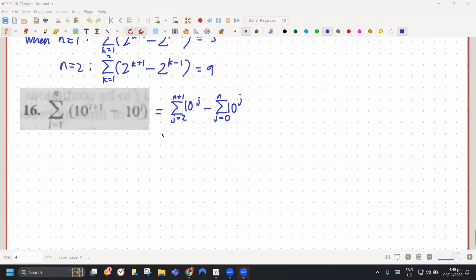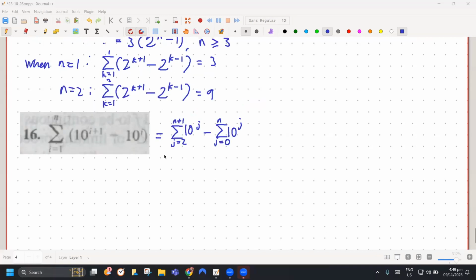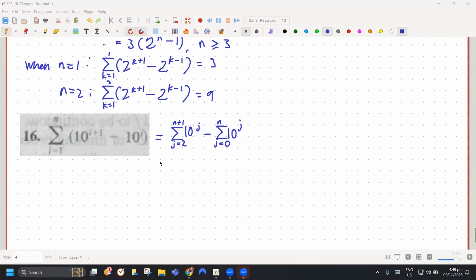So, I plus 1 is J. J runs from 2 to N plus 1. Tingnan mo yung second sum. So, dapat 1. Mm-hmm. And that's it.